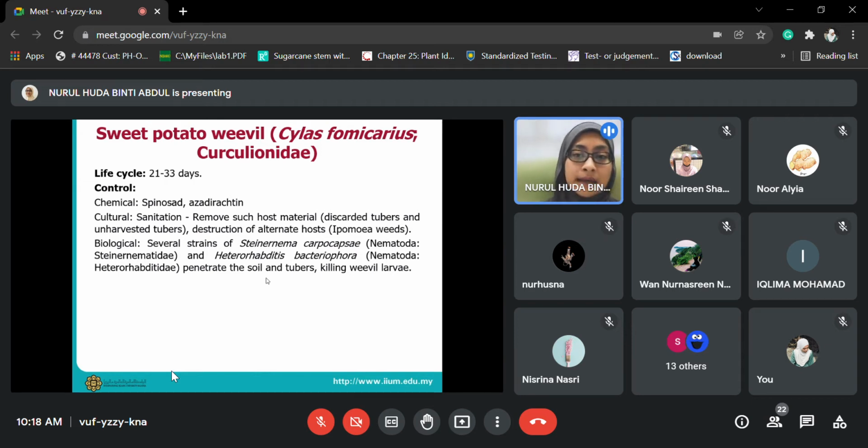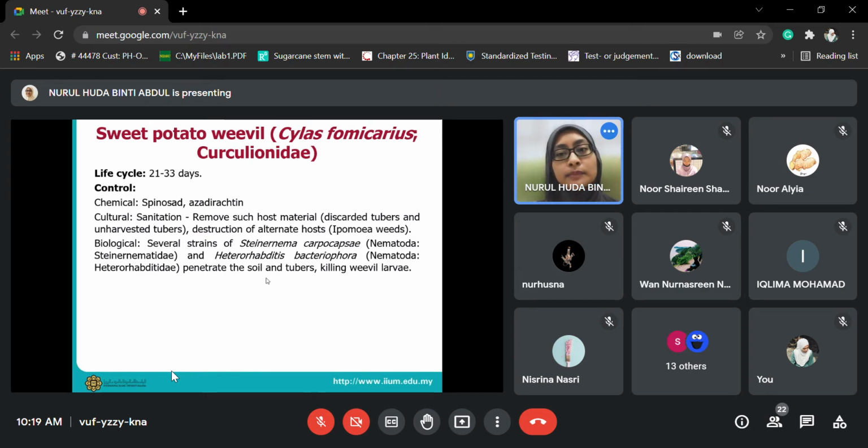But if you want to target the larvae, okay, so for biological control, there are a few strains of nematode. Okay, nematode is actually a worm, okay, cacing ataupun kita kata unsegmented worm, which is memang ada free living in the soil.